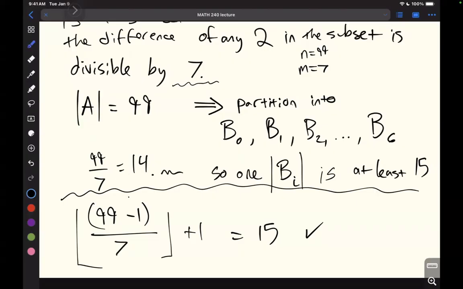I know that 99 over 7 is equal to 14 point something, which means that one of them has at least 15. The other way of doing it is we have this equation. If we subtract 1 from 99, divide by 7, find the floor, then add 1, that gives us 15. So two ways of doing it. Does that answer your question? Any other questions?